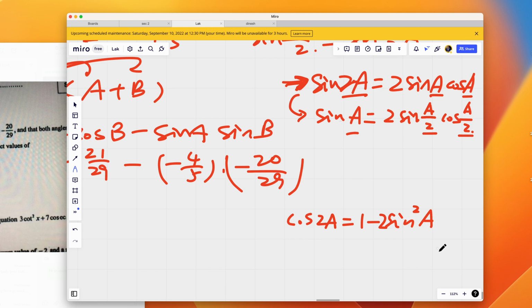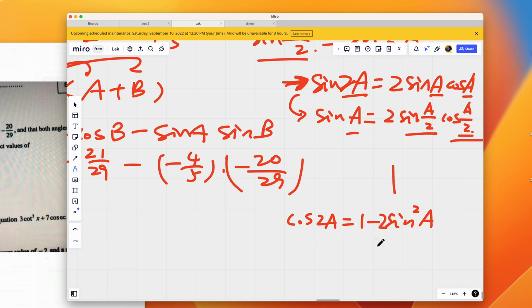Okay, so why I pick this one? Because this one gives me just sine. Over here I got sine and cosine. I don't want sine and cosine because the question wants what? Sine A over 2. So I just want the sine only. The formula sheet happened to have sine only.